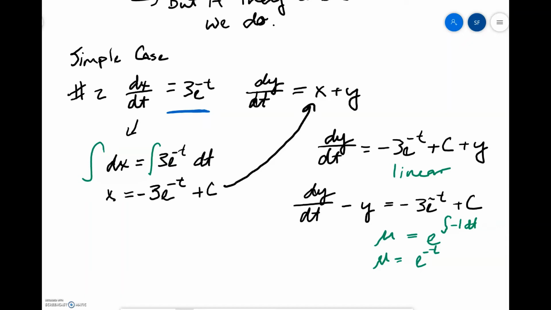When I multiply that through, this becomes e to the negative t dy/dt minus e to the negative t y equals negative 3e to the negative 2t plus c e to the negative t.